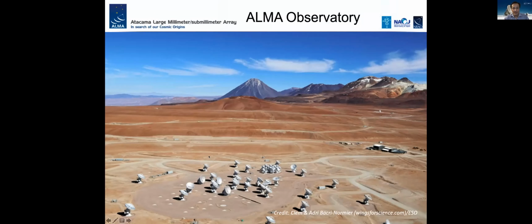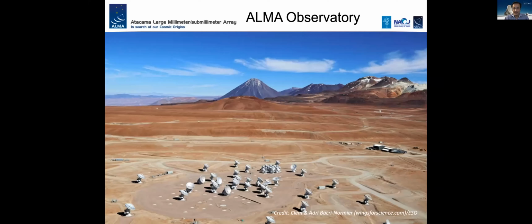This is a picture of most of the antennas. We have 66 in total in the Chajnantor Valley, which is 5,000 meters above sea level. We started to operate in 2013. After 8 years, we started suffering from the obsolescence problem.